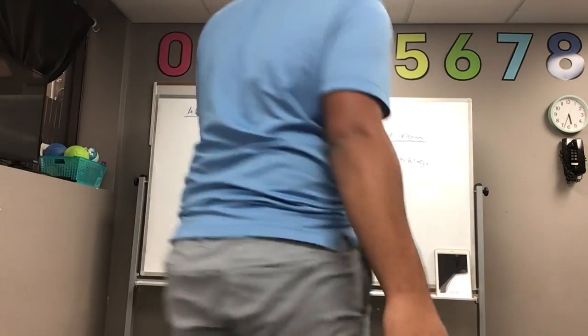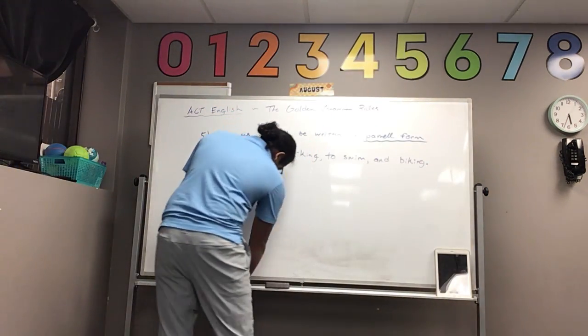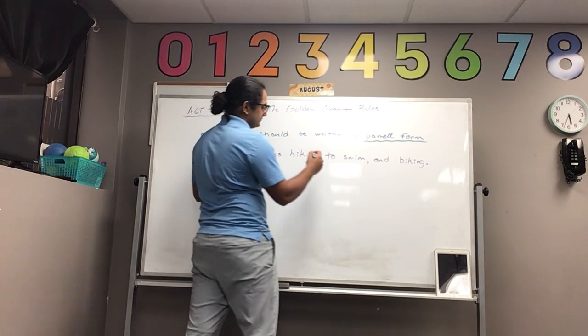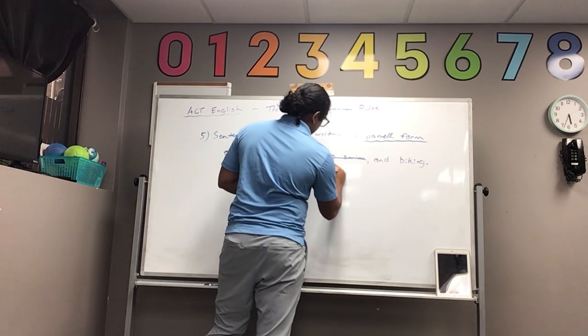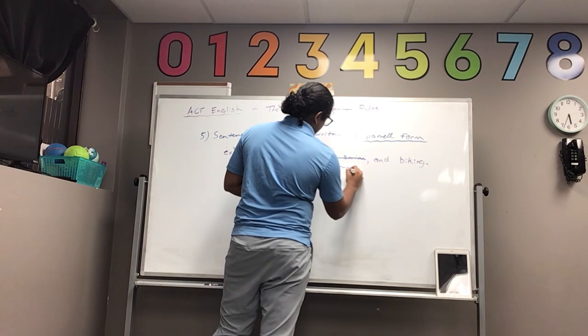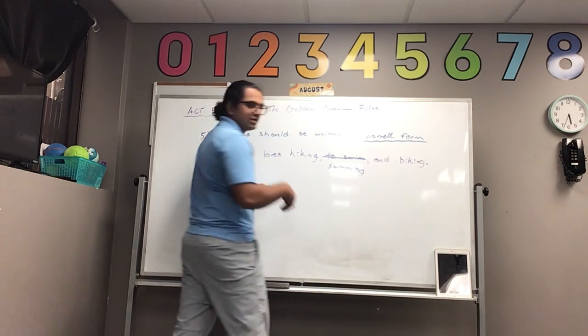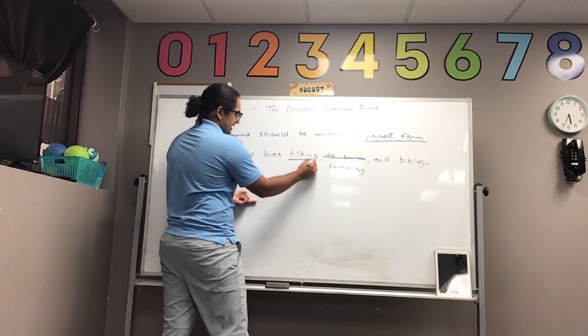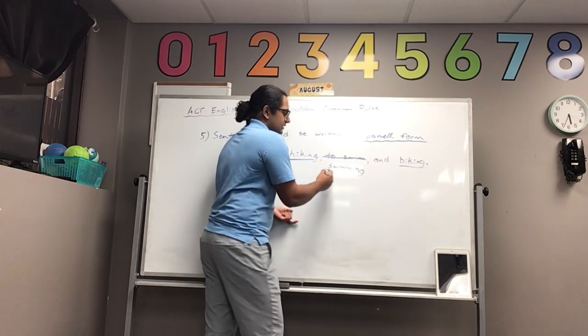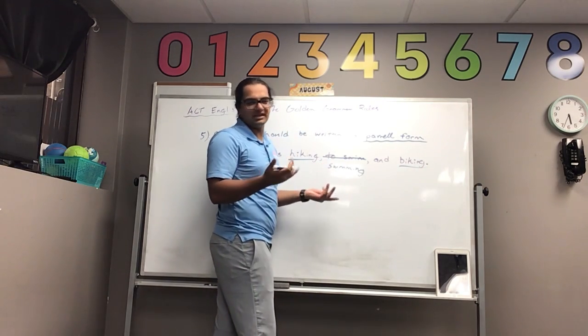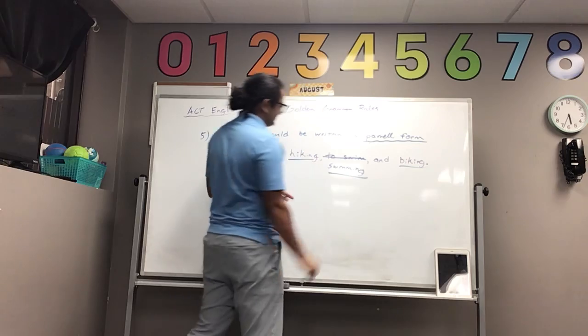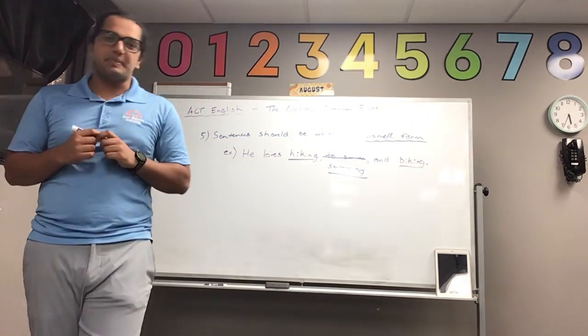Yes, exactly right. The reason is we are already developing a parallel form. Hiking, biking, to swim. You can just see that you're breaking the pattern, right? This should be swimming. So this is what parallel form means.